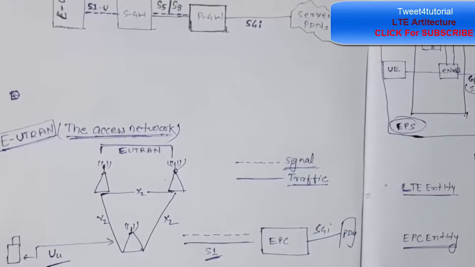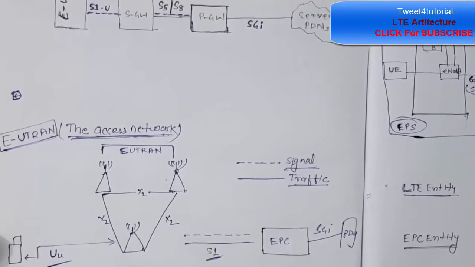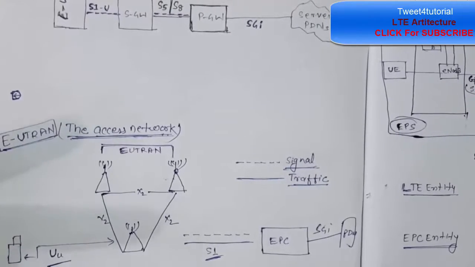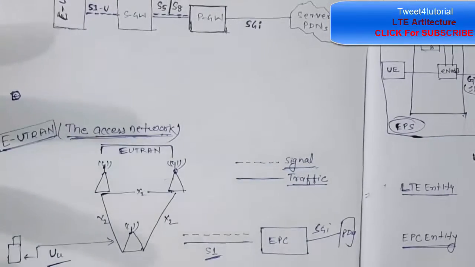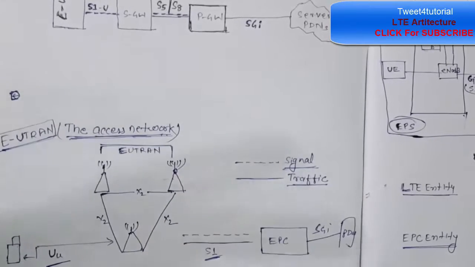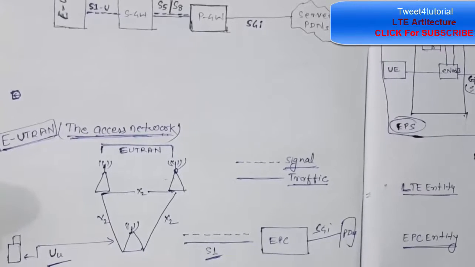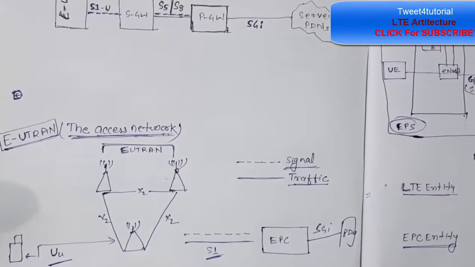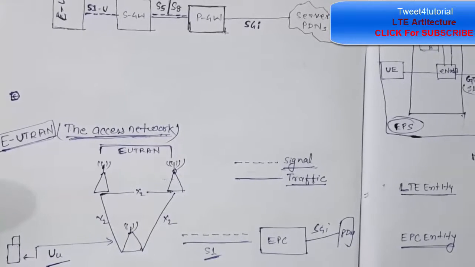First is the user equipment. The internal architecture of the LTE user equipment is identical to the one used by UMTS and GSM, which is actually a mobile equipment. Mobile equipment comprises important modules: the mobile termination, which handles all the communication functions, and the terminal equipment, which terminates the data streams.